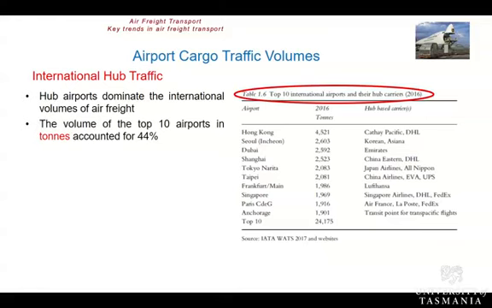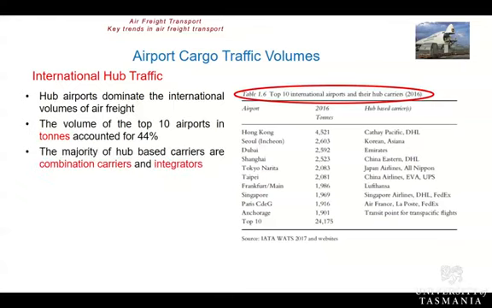So the volume going through these top 10 hubs is almost 50% of all the volume of air cargo that moves around the globe. And the majority of these hub-based carriers are either combination carriers or integrators.